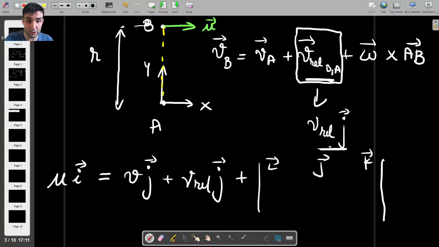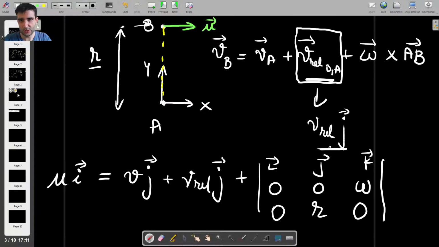I don't know anything about omega, so I'm just going to consider omega to be positive by default. And then AB is the vectorial distance from A to B, which is just r in the y direction. So that's 0, r, and 0 again.